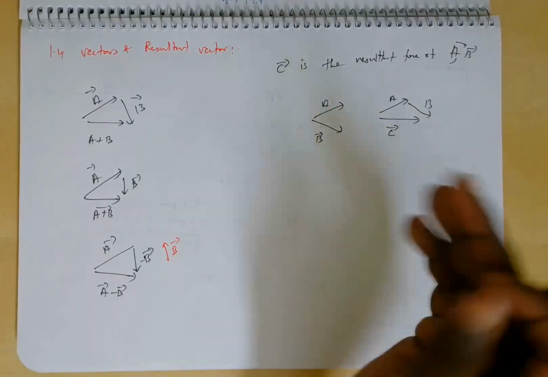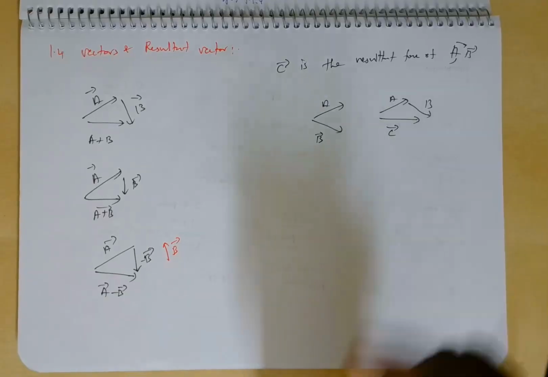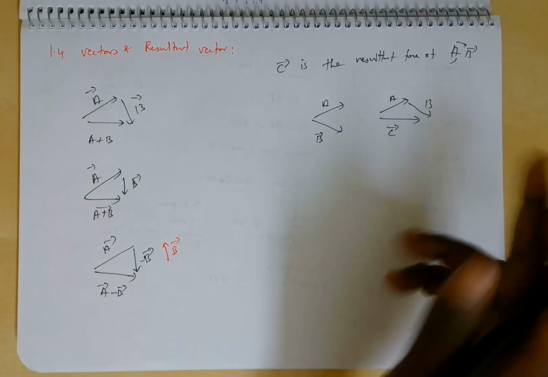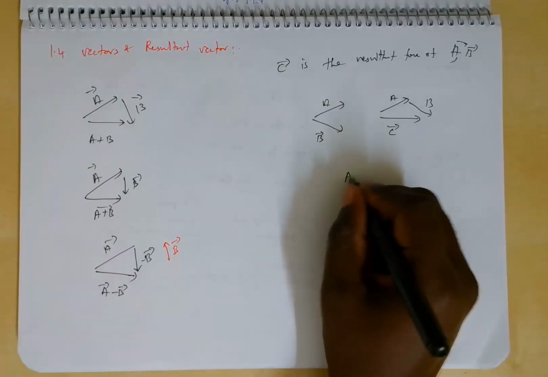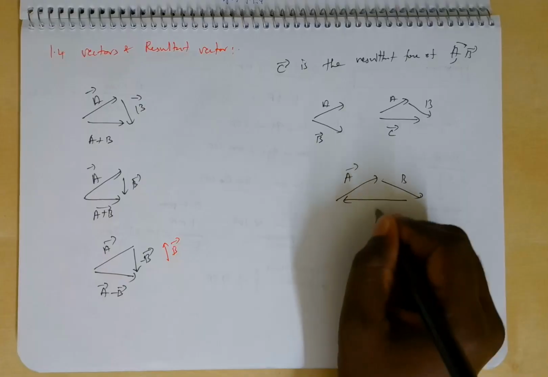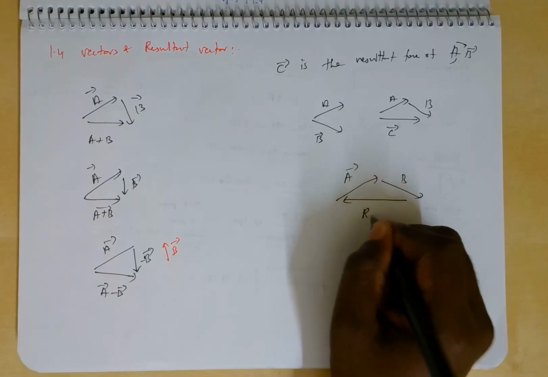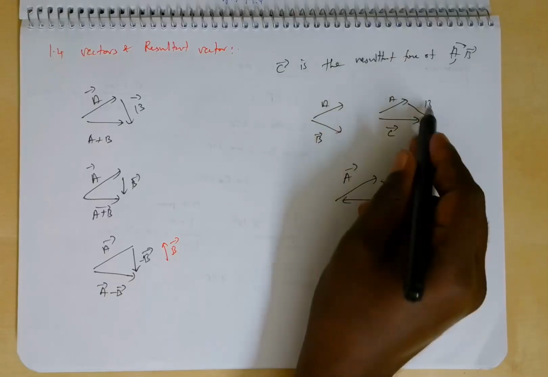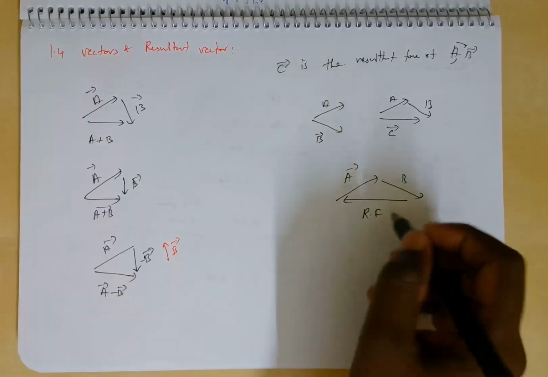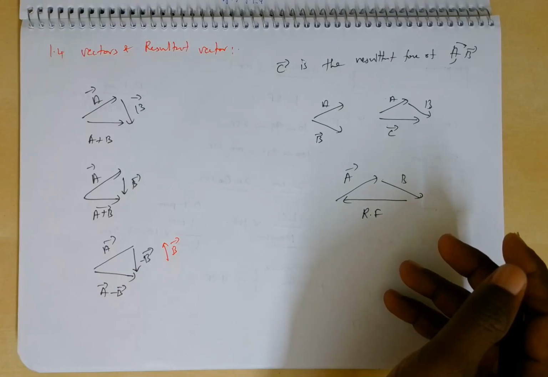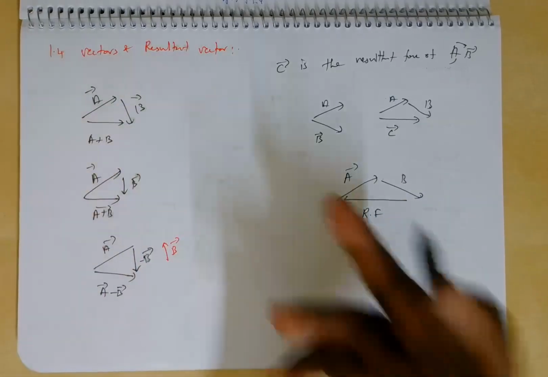Let's say that this is a system in equilibrium and C is a resultant force. In that case, it will work like this. A, B, this is the resultant force. If the system is in equilibrium, whatever C, the resultant of A and B, is counterbalanced by a force in the opposite direction of the resultant force.